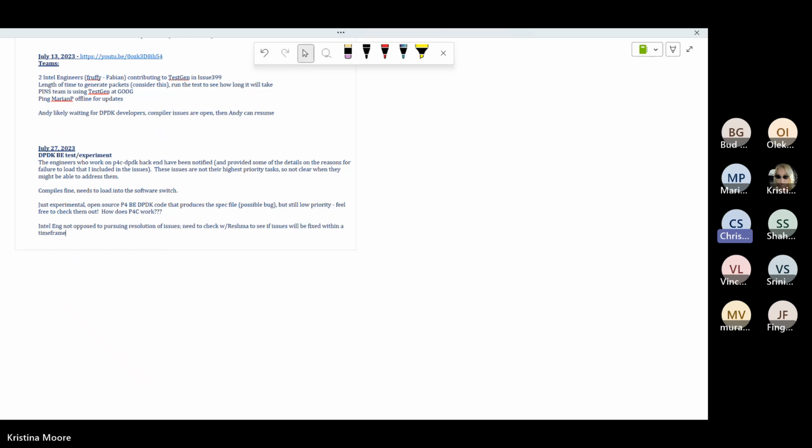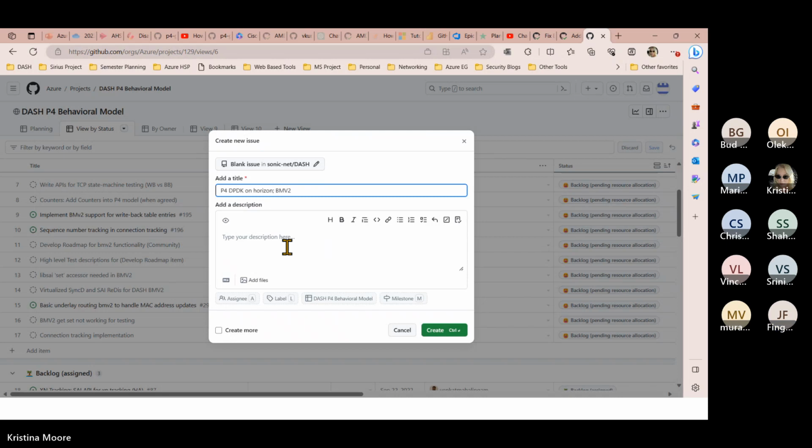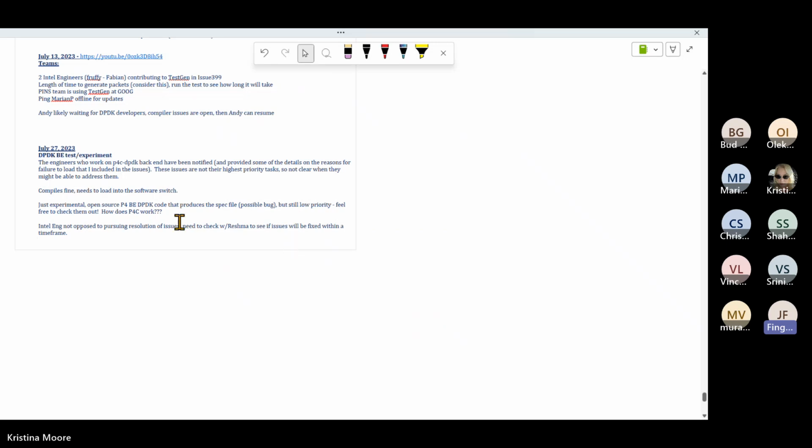Is that an effort that really requires the experts to work on, or is that something where the community might be able to help? It is open source. Anybody with the relevant skills, interest, time, and knowledge can certainly address it.